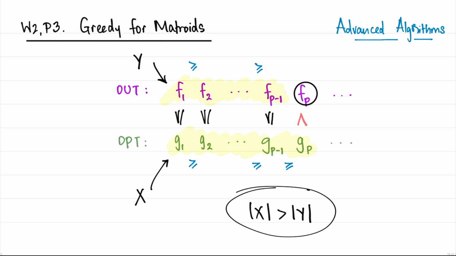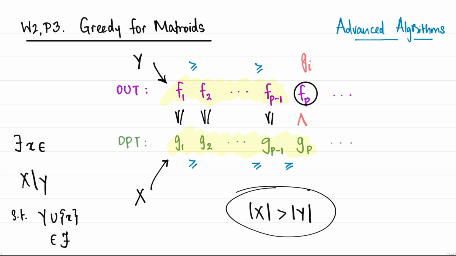So whatever element we have in X minus Y, which is guaranteed to us by the exchange axiom, what we know is that there is some x in X minus Y such that Y union x is in F.